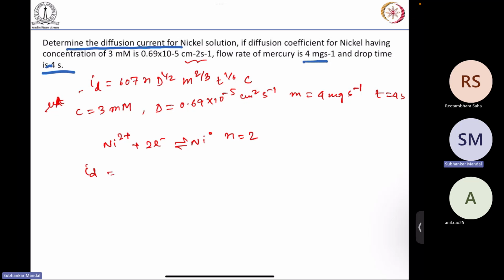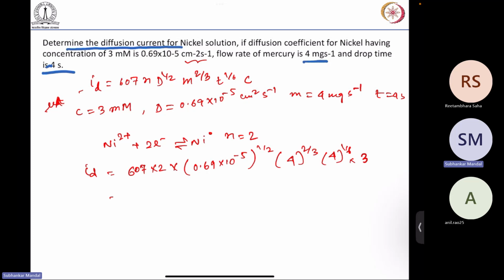So Id you can write as 607 into n which is 2, diffusion coefficient 0.69 into 10 to the power minus 5, to the power half, into m which is 4 mg per second, to the power 2 by 3, and t, what is the t value? 4 seconds, to the power 1 by 6, and concentration 3 millimolar.